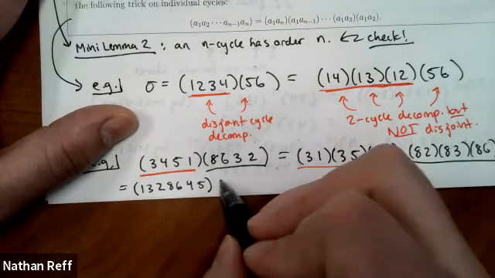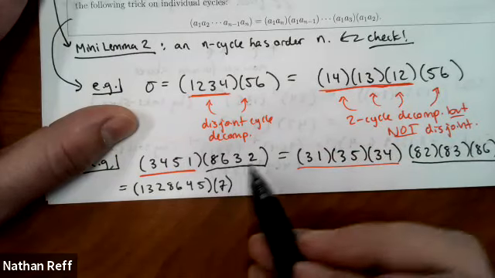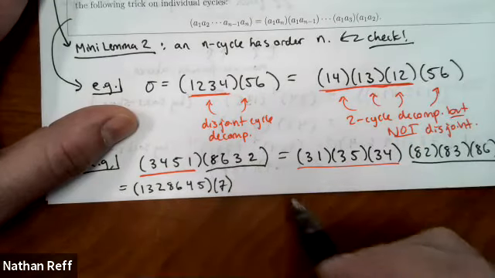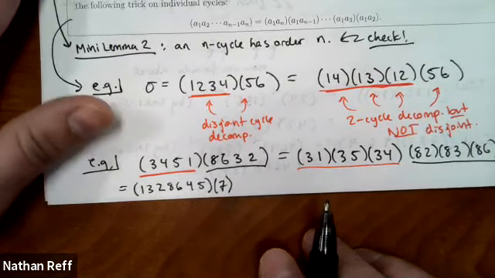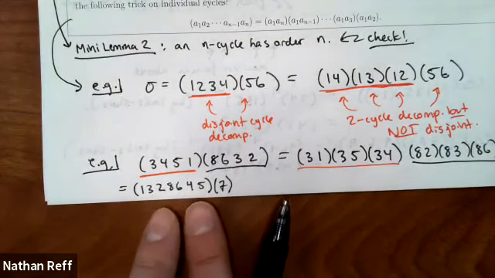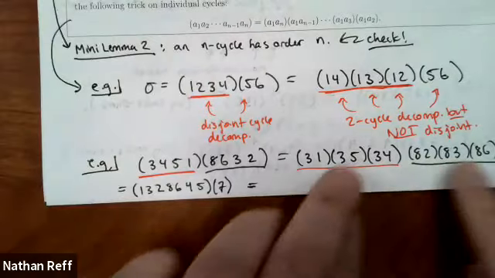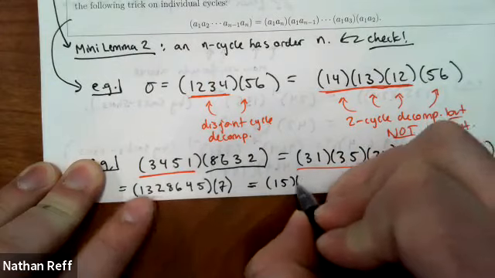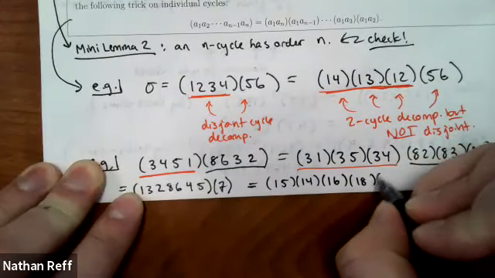So 7 is missing, so 7 would just go to 7. And 8 is in here already, so we know where 8 goes. So how long is this? 2, 4, 6, 7. Well, if you did this process with this, you'll get something completely different. But these are all actually equal, right? So you'd have (1 5)(1 4)(1 6)(1 8)(1 2)(1 3).